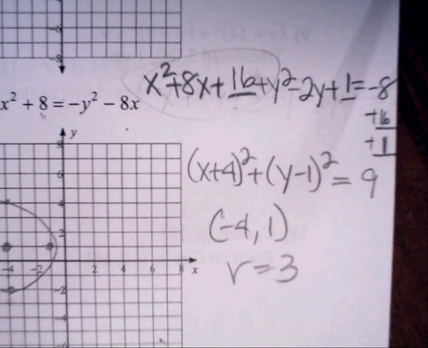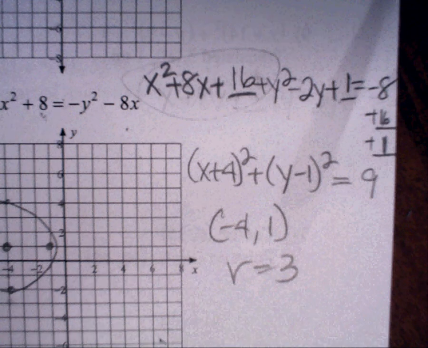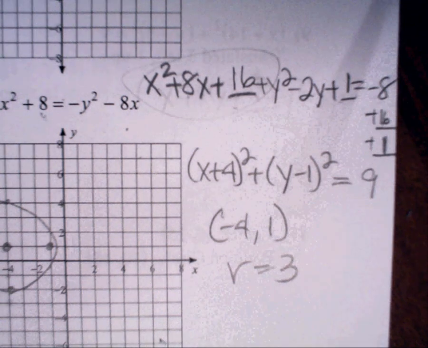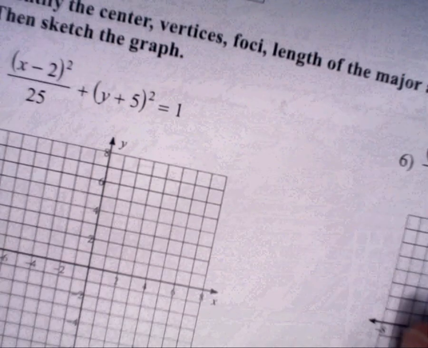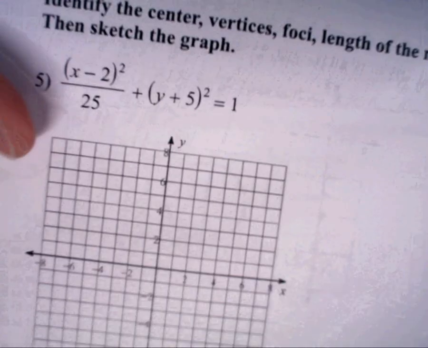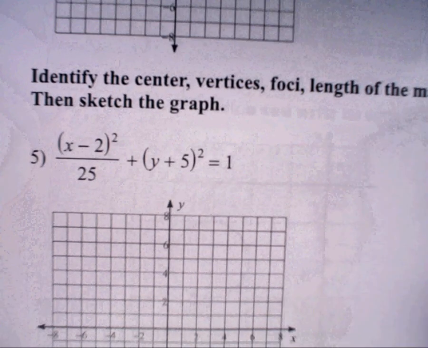Alright, so let's work one of the ellipses, and we're going to answer every single question that it says, so then we know all those on the test. So for instance, I like number 5. So, number 5, I'm going to name my center from just the equation.